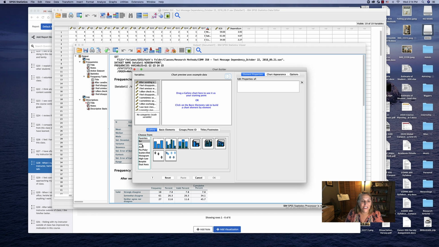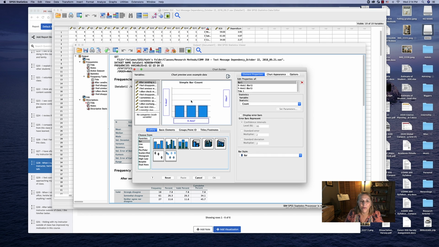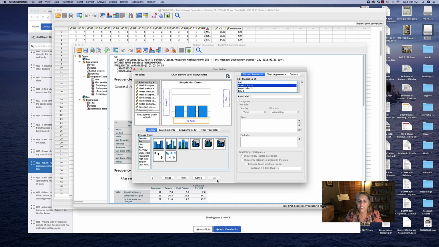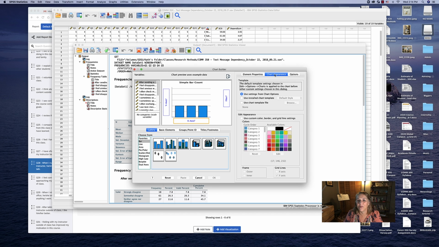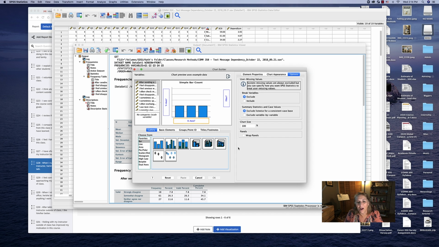So bar graphs, area graphs, pie graphs, scatter plots. Drag a chart and use it as your starting point. If I say simple bar graph and I label those, I can start looking at the questions I want, and I can do the chart appearance, other options, etc.